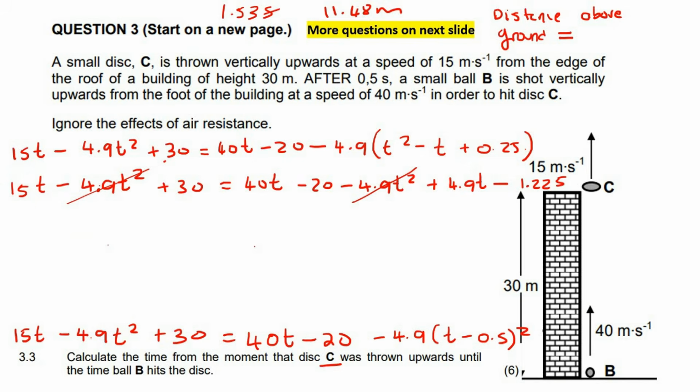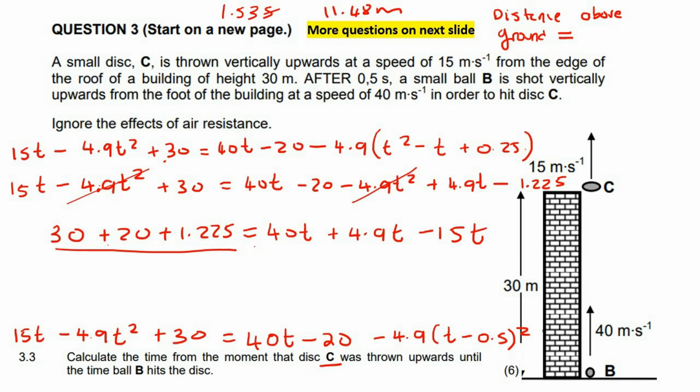Okay, so on the left, we'll end up with 30 plus 20, because I brought this one over, plus 1.225, equals 40t plus 4.9t minus 15t, because I'm bringing this one over to the right.